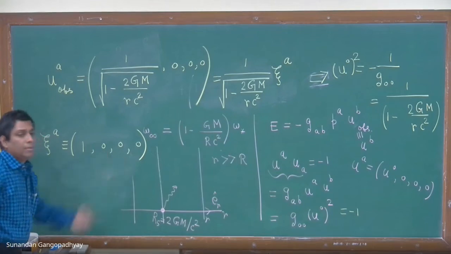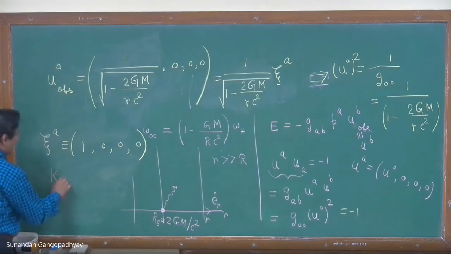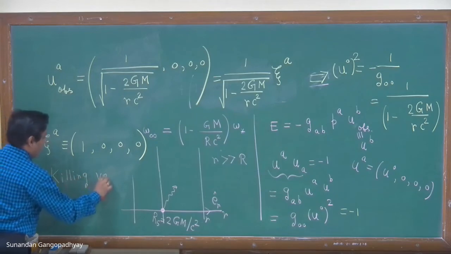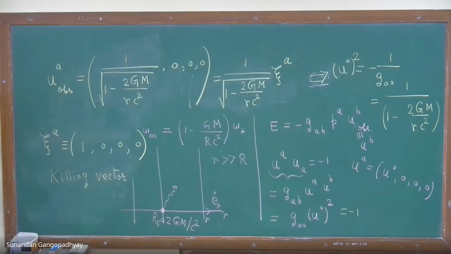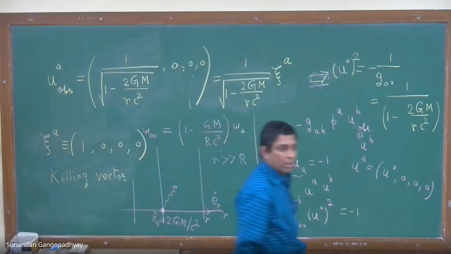So this is a time-like vector. It's a vector along the time direction. This particular vector has a name. It is called a Killing vector. It's called a Killing vector because it tells us that there is a particular symmetry here. What is that symmetry?